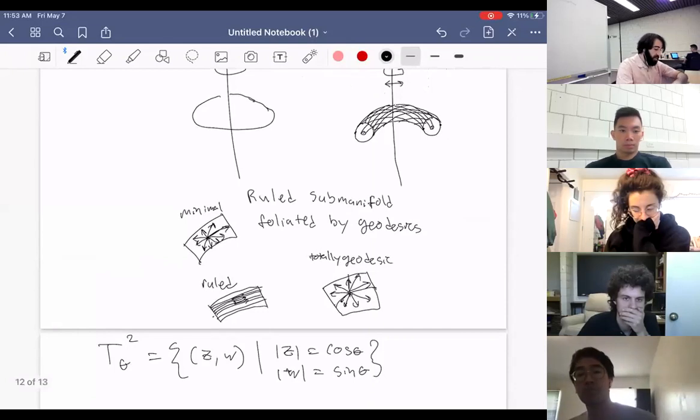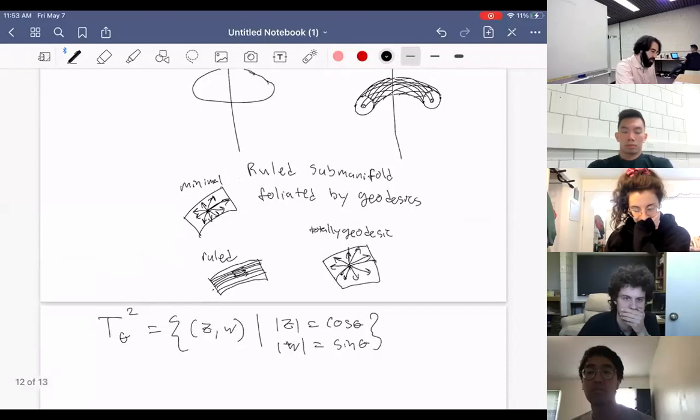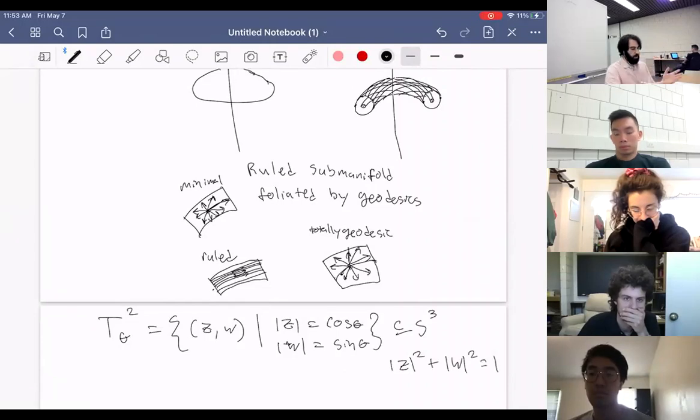But whenever theta is some other value, both Z and W can live, and we have a two-dimensional surface. Also, sorry, this is the set of these guys inside of S³, and obviously the norm of Z squared plus the norm of W squared is going to be 1 by the Pythagorean theorem.